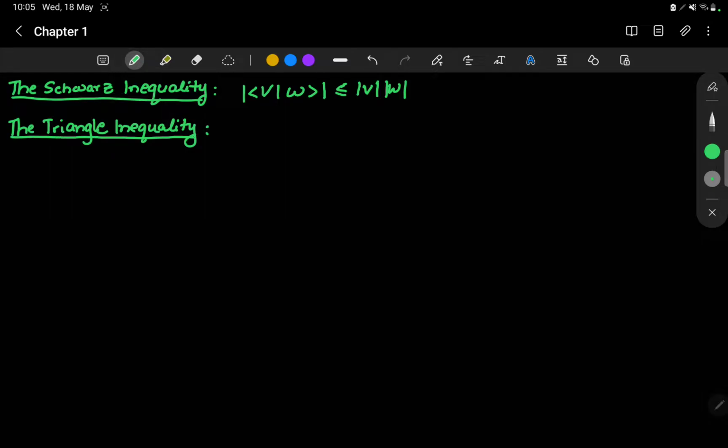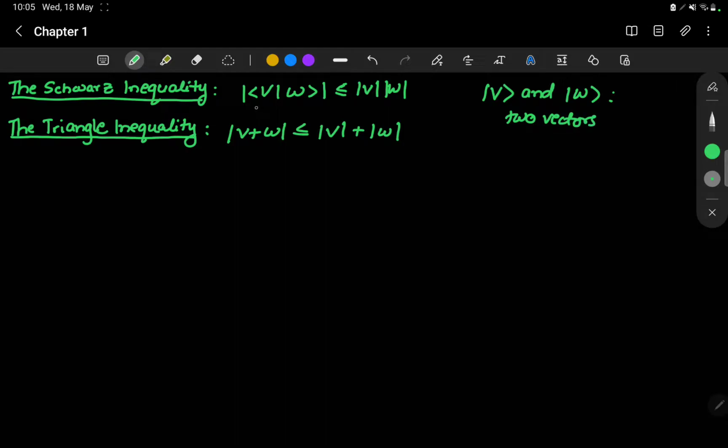The triangle inequality. So the first inequality that we have written is the Schwartz inequality. It says that the magnitude of the inner product of two vectors, v and w, are vectors.